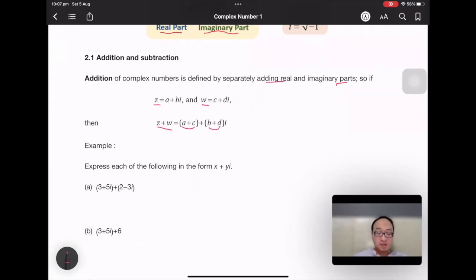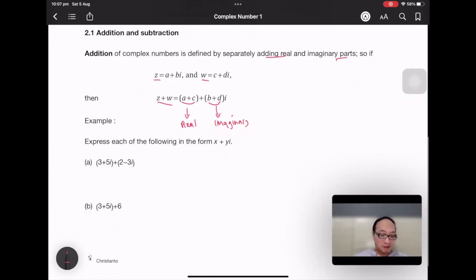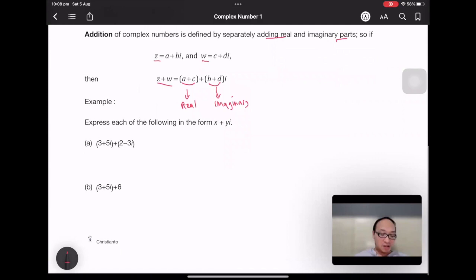So we add the real parts and collect them into the real part. And then for the imaginary parts, we collect them together as the imaginary part. So this will be the real and imaginary parts of the new complex number. For example, (3 plus 5i) plus (2 minus 3i).